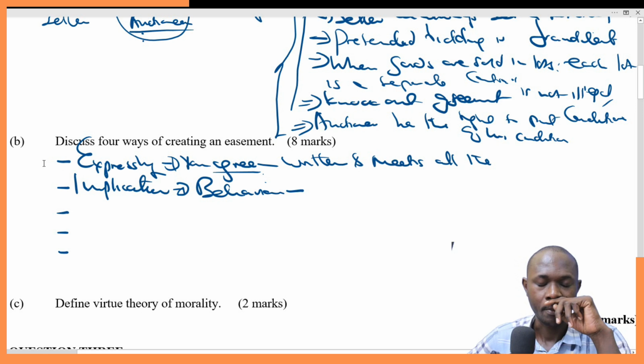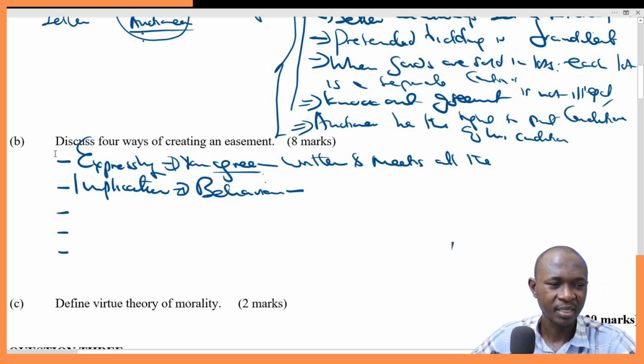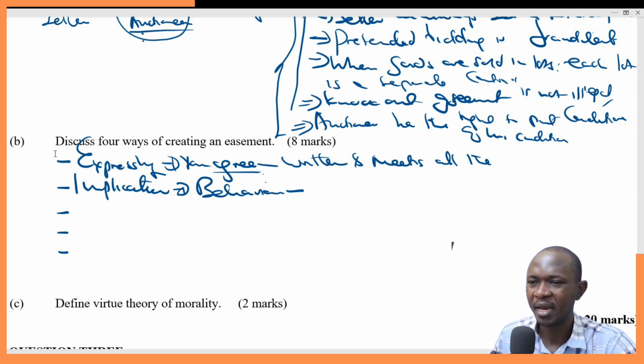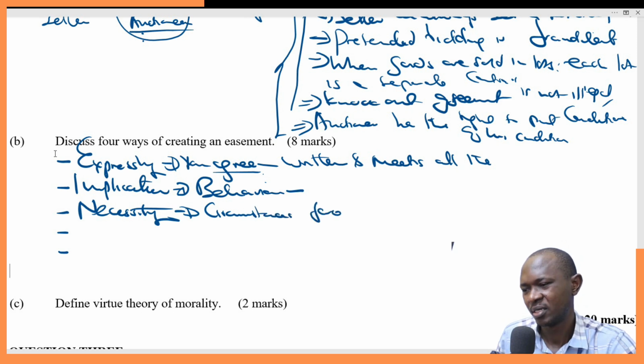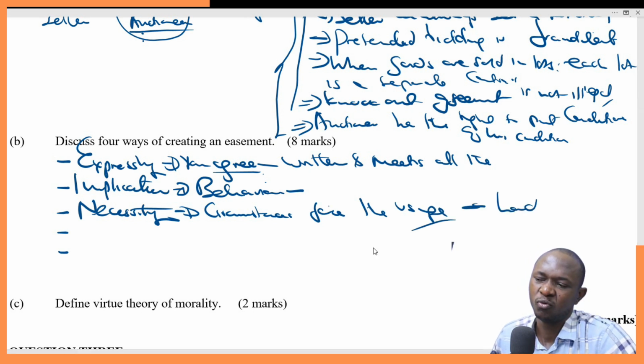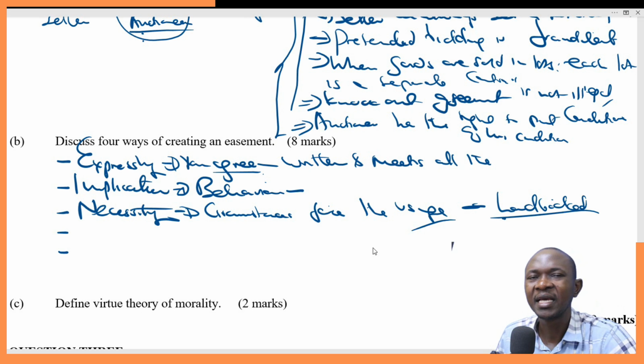Then we have easement by necessity. By necessity, this is where the circumstances force the usage of your piece of land, especially when a person is landlocked, or a certain thing has happened that has necessitated that this person crosses over your land.